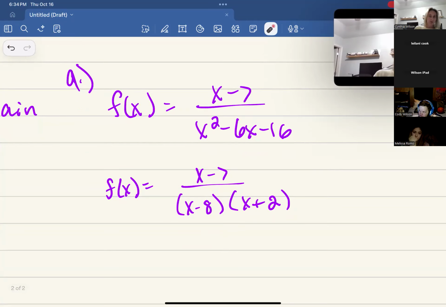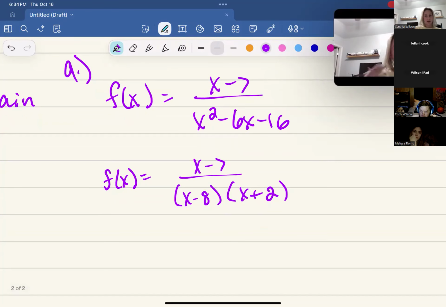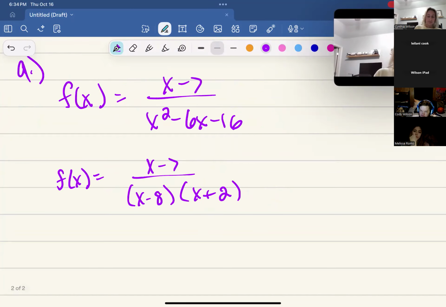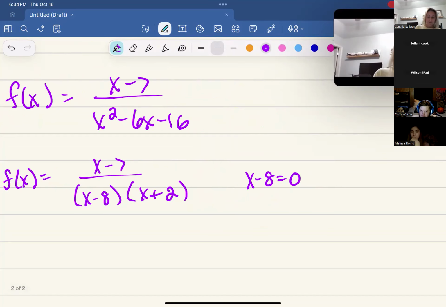All right. So with a rational function like this, both of these factor pairs represent a place on the graph for that rational where you have a vertical asymptote, which means the function is undefined there, it doesn't exist. So to get those values, you set them both equal to 0 and solve.